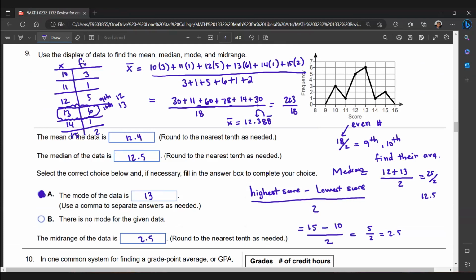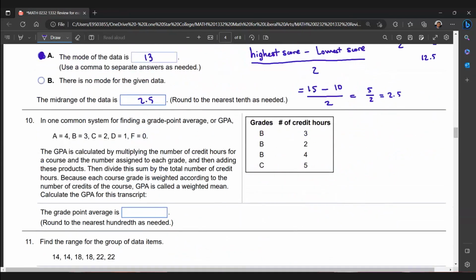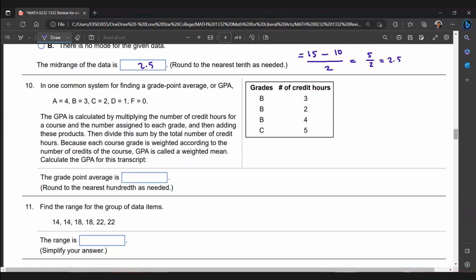Okay, let's move on to number 10. In one common system for finding a grade point average or GPA, A is equal to a 4, B is equal to a 3, C is equal to a 2, D is equal to a 1, and an F is equal to a 0.